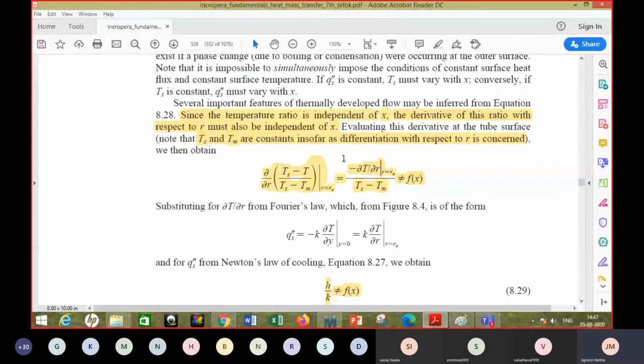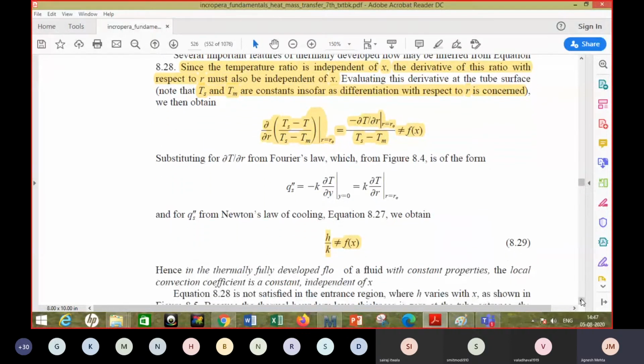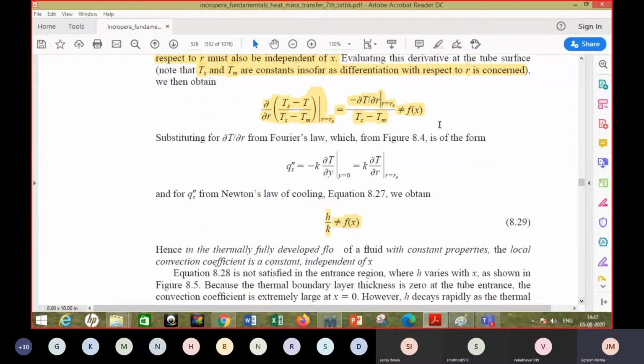So that's the logic that has been applied, and you can write minus dT by dr at r equal to Ro upon Ts minus Tm. This Ts minus Tm is also constant when you are talking about the change with respect to r. At a particular cross section, it is a constant, so that is not a function of r, not a function of x.